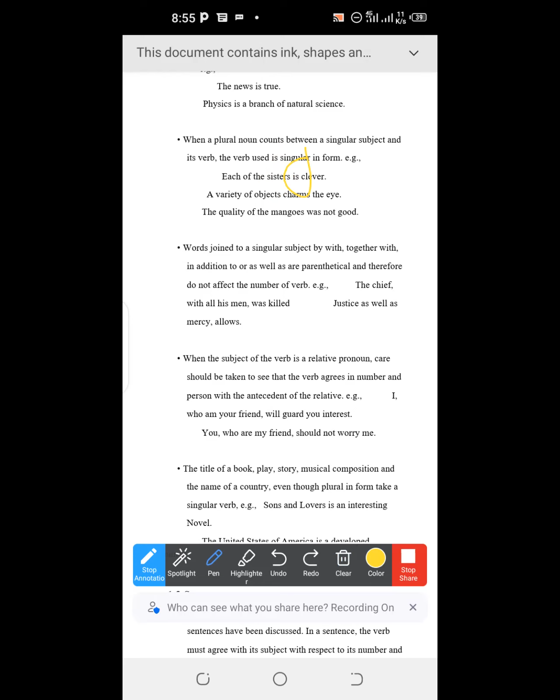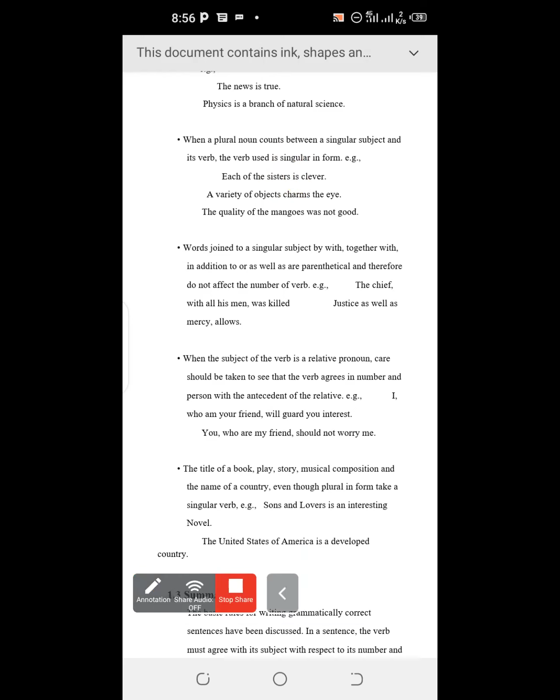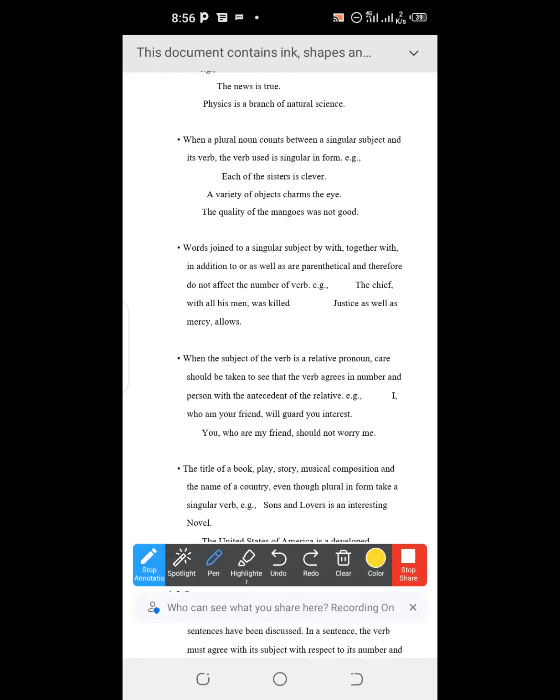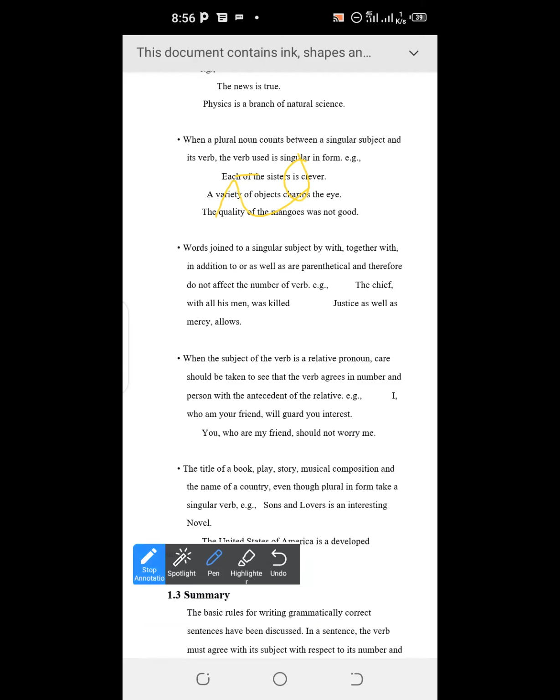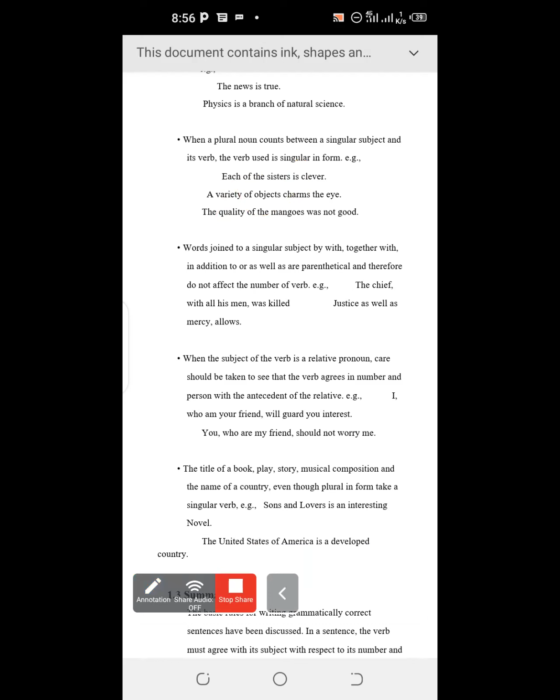So here the verb is not used for sisters. Here the verb is used for each. So each of the sisters is clever. So here is refers to each, all one by one. A variety of objects charms the eye, and so on.